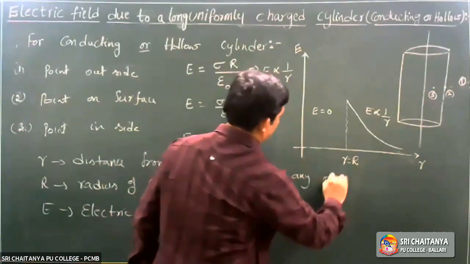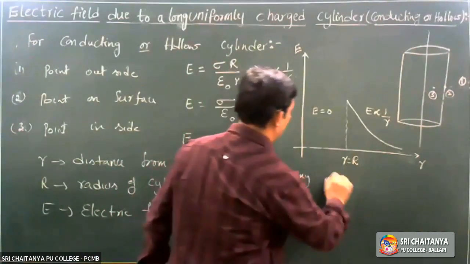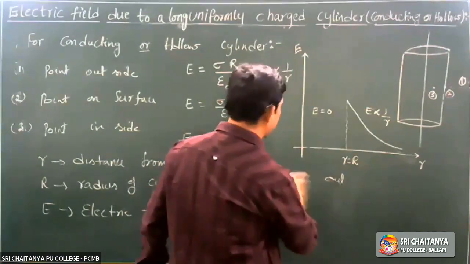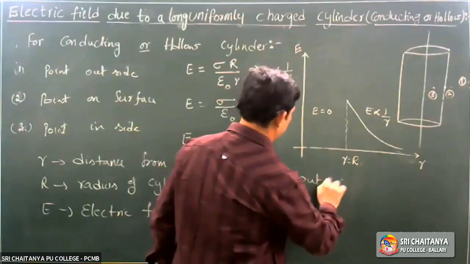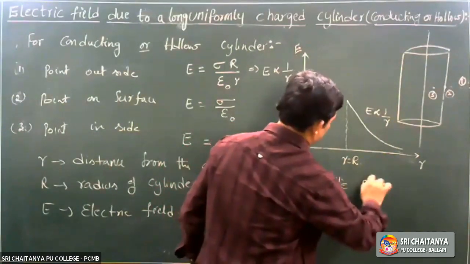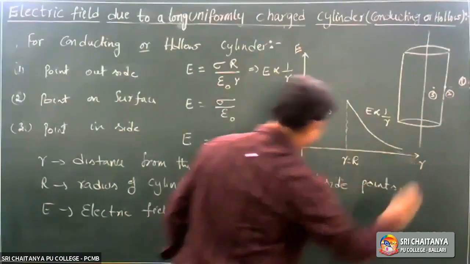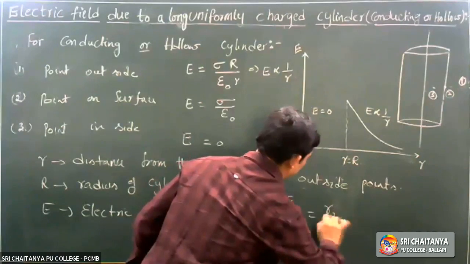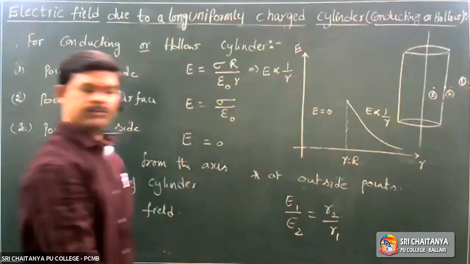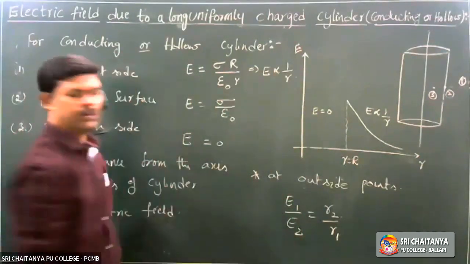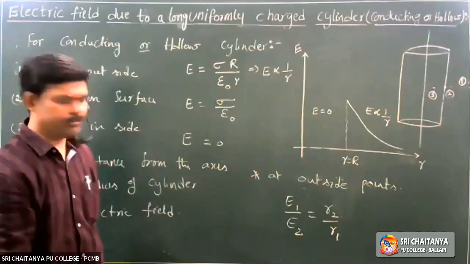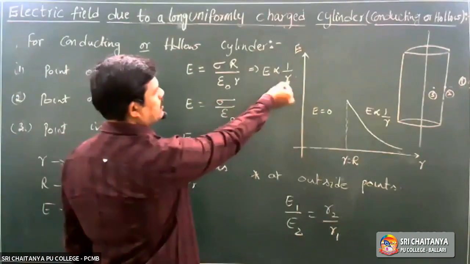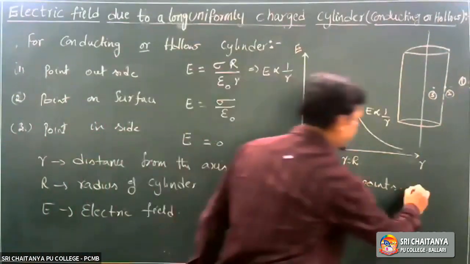At any outside points, E1 by E2 is equal to r2 by r1. On this one also we get problems, right? Because E is inversely proportional to r.